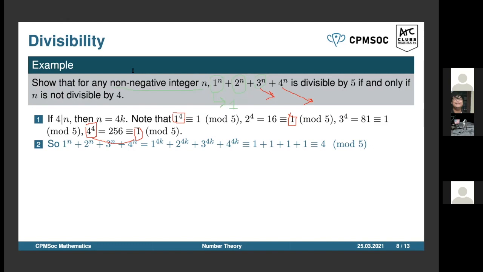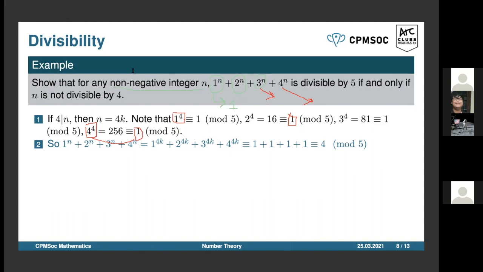So we can split an infinite number of numbers n and group them into 4 cases to make the problem easier. It's a lot easier than trying to do the same problem for infinite numbers of n. That's why splitting this problem into 4 cases is really useful.